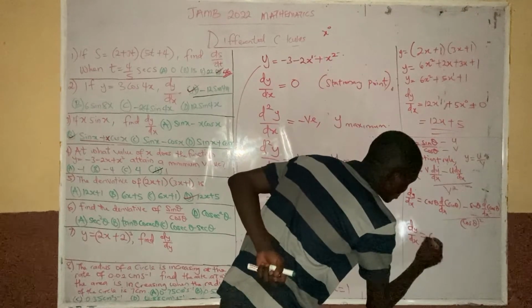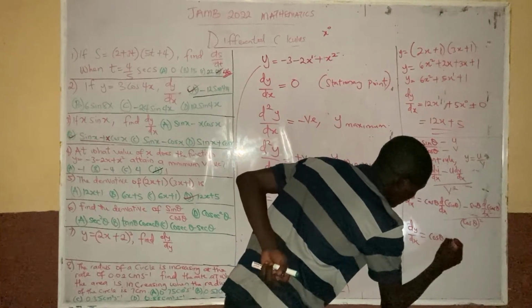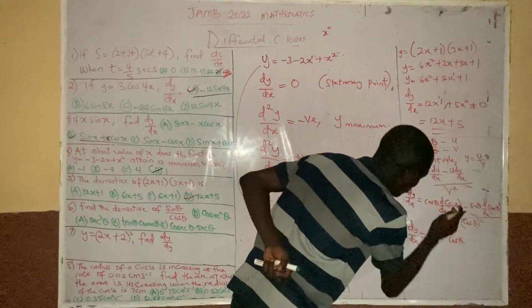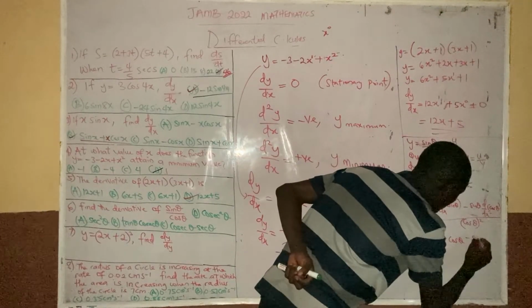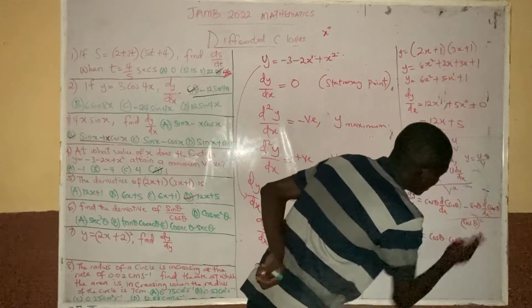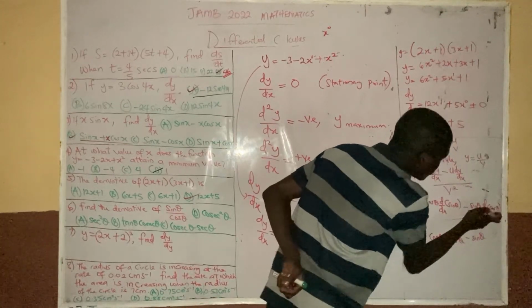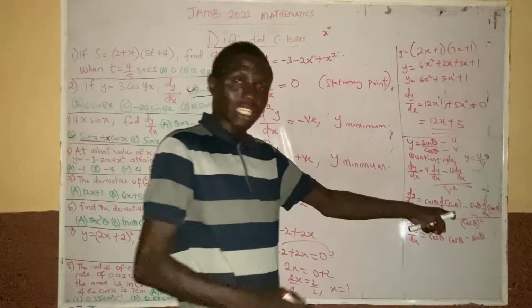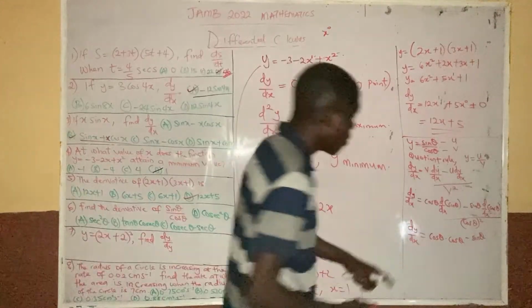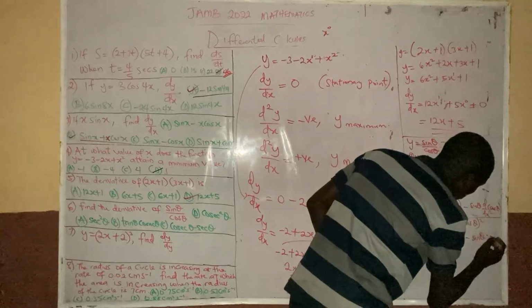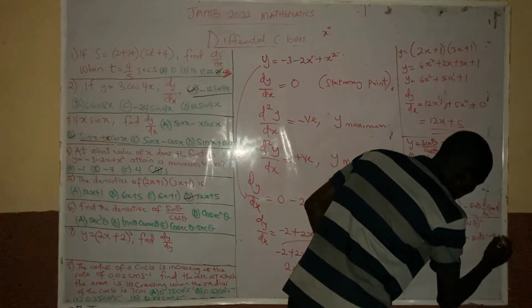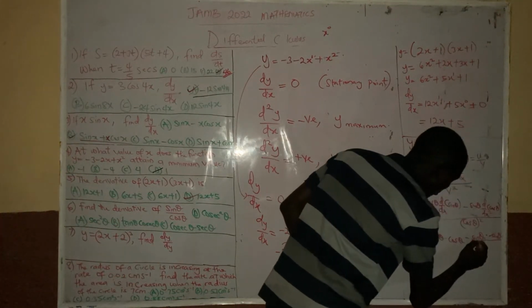It will be cos theta. So cos theta times cos theta, because that is the differential of sine theta. Minus sine theta. Now the differential of cos theta is minus sine theta, so multiply by minus sine theta.